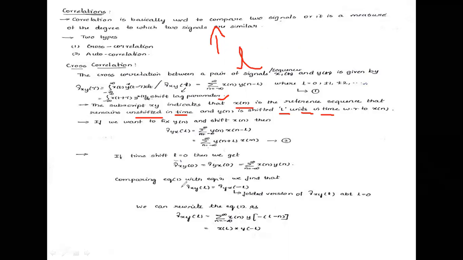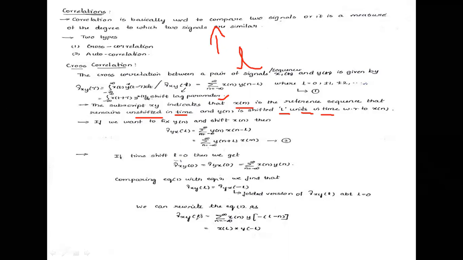Comparing equation 1 and equation 2, we find that r xy of L is equal to r yx of minus L, the folded version of r xy of L about L equal to 0. Then only the both are equal.